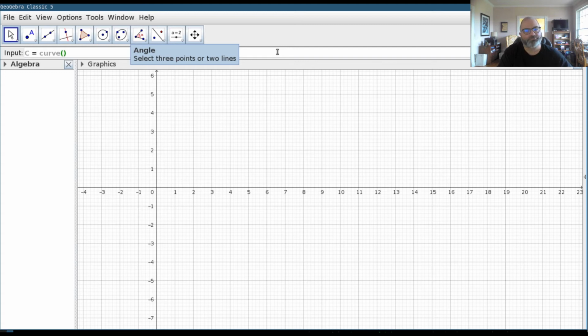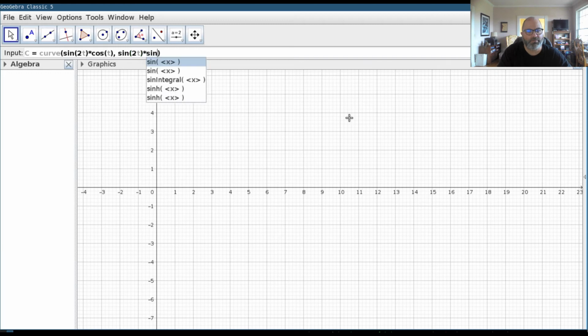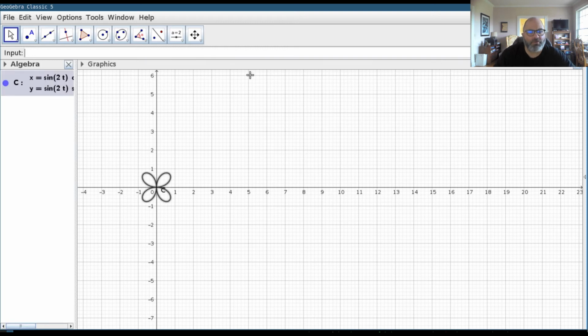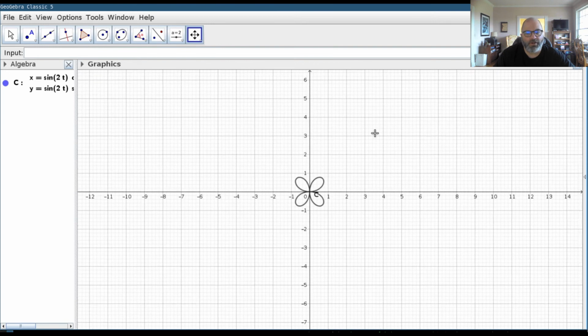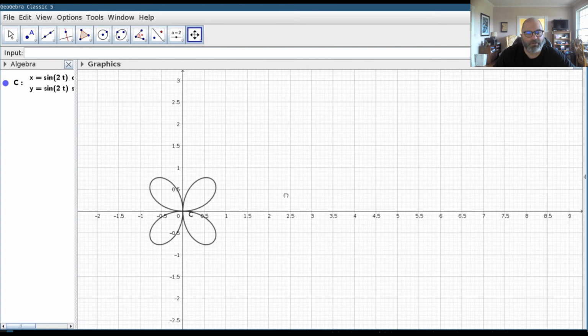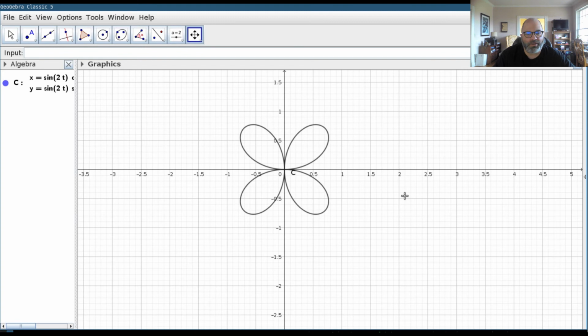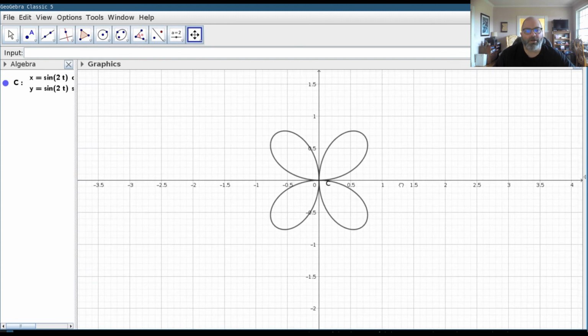How about sine of 2t times cosine of t, and sine of 2t times sine of t, with t going from 0 to 2 pi. Okay, so we get our four-leaf rose out of that one. Let's move that over and zoom in a little bit so that we can see what's going on there.